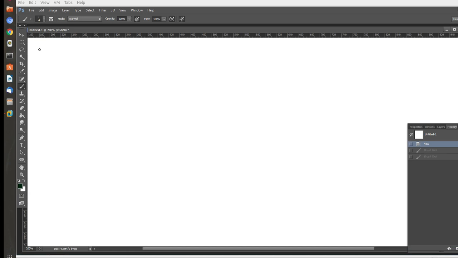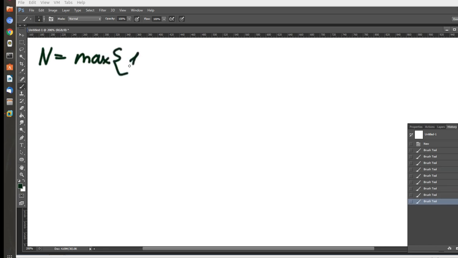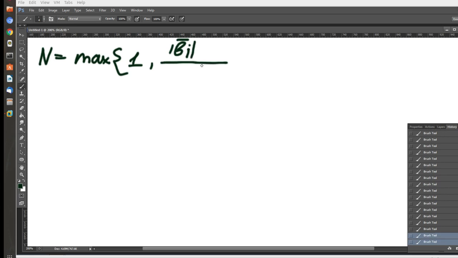So n is the number of k-points that we will have in our calculations, and it is the maximum of two numbers, 1 or some number divided by k spacing.